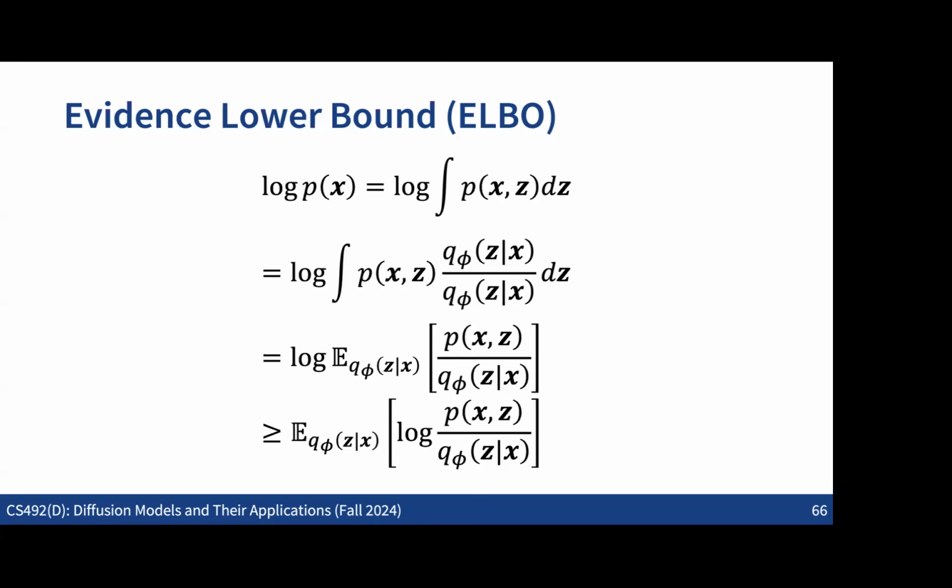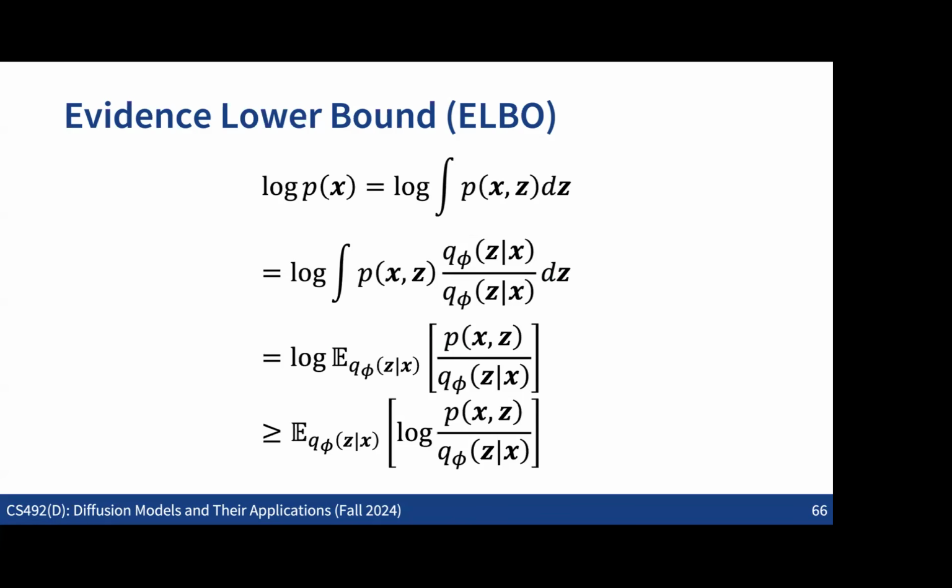And what we can see is that now we can view this whole integral as an expected value, taking this part as the probability, and the rest of the part as the value that we are taking the expected value of, right?